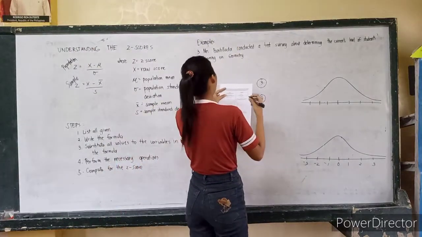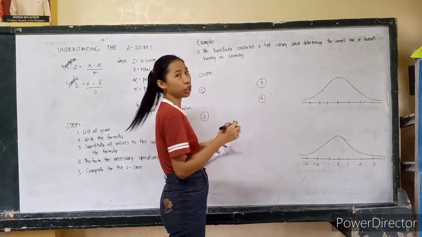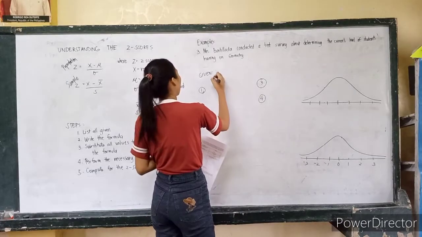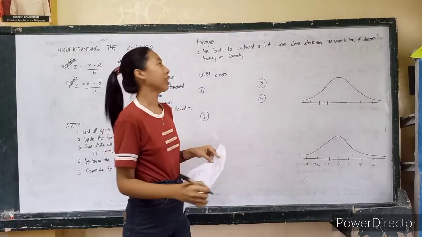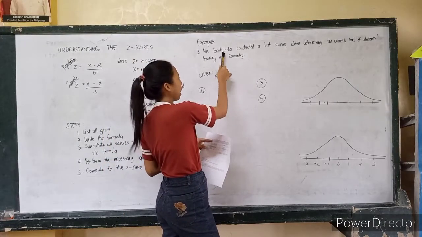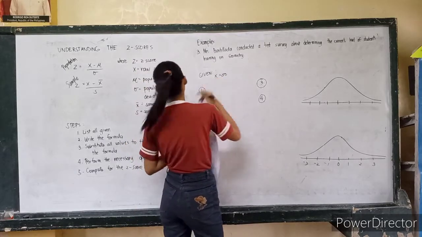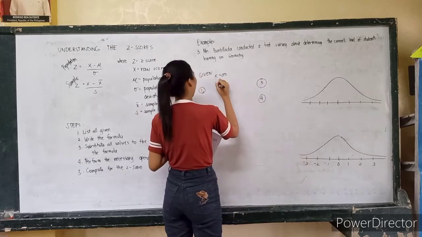So ingon siya kaganina, diretso na lang ko sa step 1 which is writing the given. Ingon siya kaganina nga ang isa ka estudyante nakakuha siya og result nga 50 correct answers. Tapos, gusto mahibaw-an ni Mrs. Pastillada kung unsa ang z-score niya if ang imong sample mean, that means sample mean should be x bar.